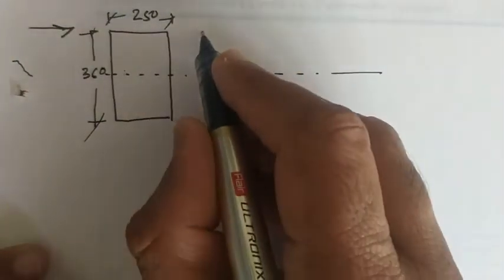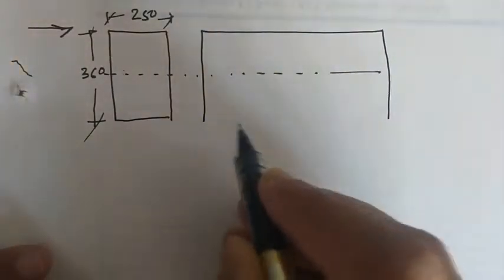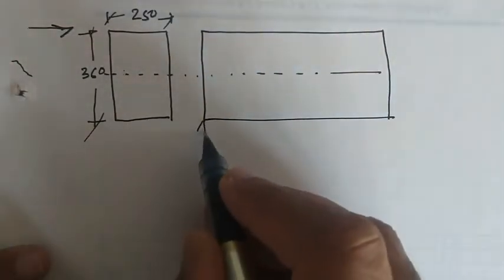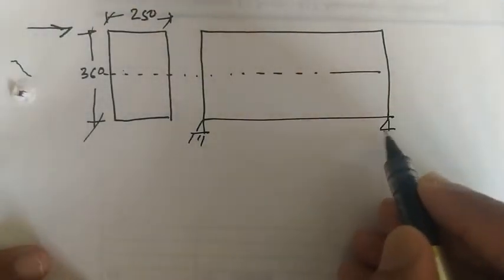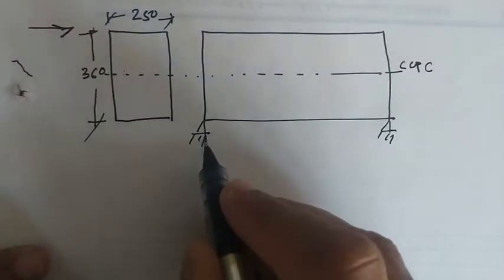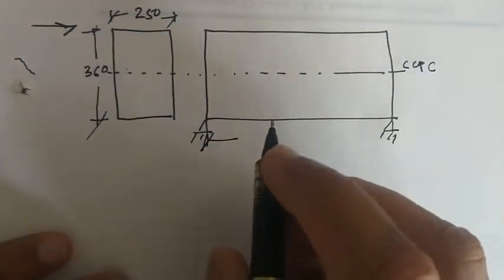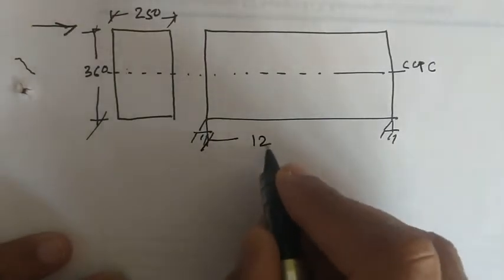Also you have to sketch the longitudinal section of the beam. So this is the section of concrete and the span of beam is 12 meter.